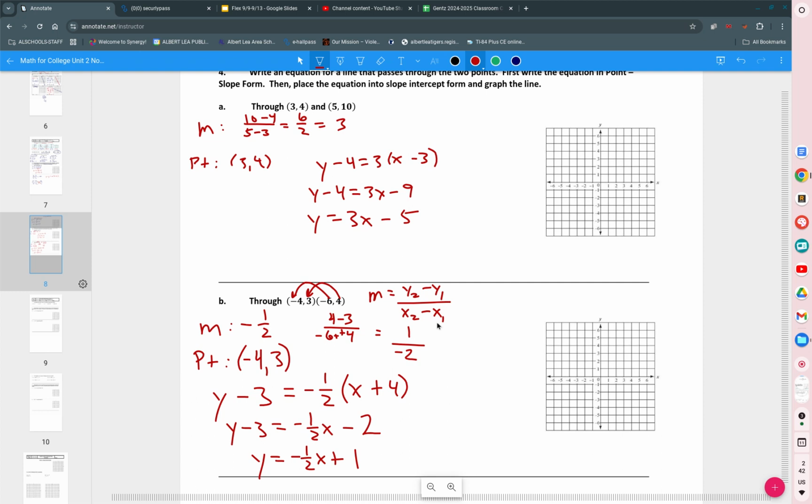Choose your point, then move your times. Okay, straight 6, 2. And you gotta find your slope. So Y is 2, this is Y is 1. X is 1.